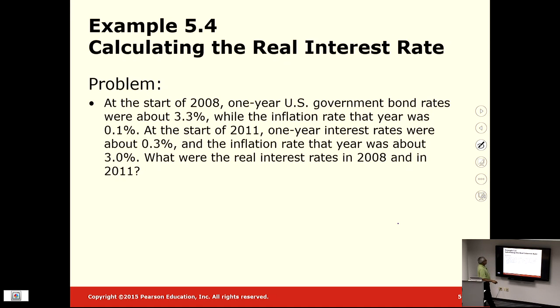Okay. So here we have the government bonds stated at 3.3%, so that's my nominal rate. Inflation is 0.1%. What were the real interest rates in 2008?